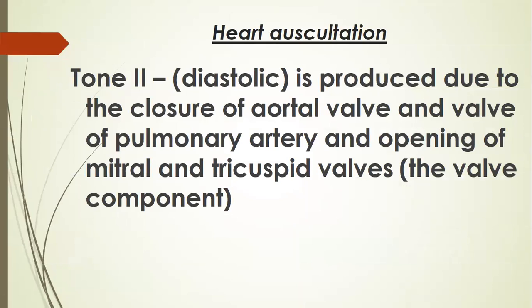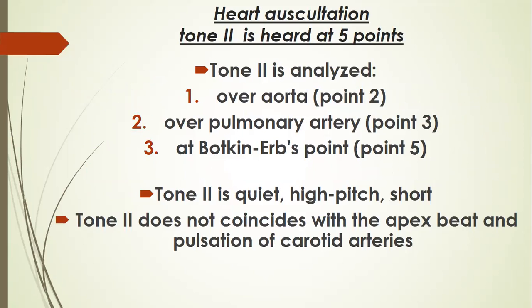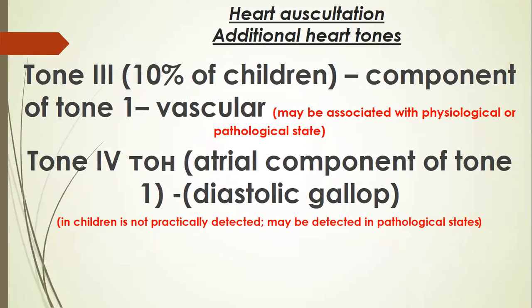The second tone, diastolic, has only a valve component. We auscultate the heart in 5 points. The first tone and the second tone are heard in all 5 points, but the second tone is analyzed only in 3 points: number 2, number 3, and number 5.